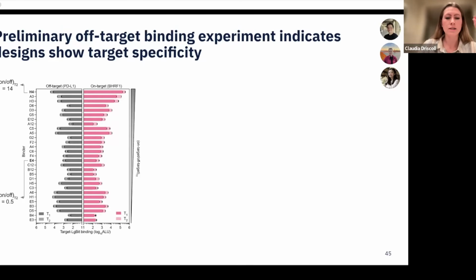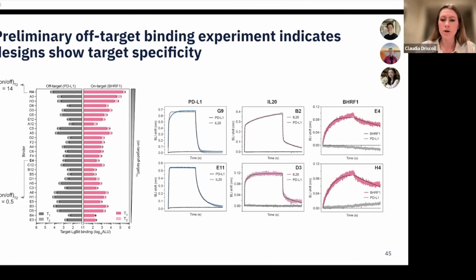So for 3 of the targets, we selected 2 binders, one that had a high on-over-off target binding ratio and one that had a low on-over-off target binding ratio. And we quantified binding by BLI.